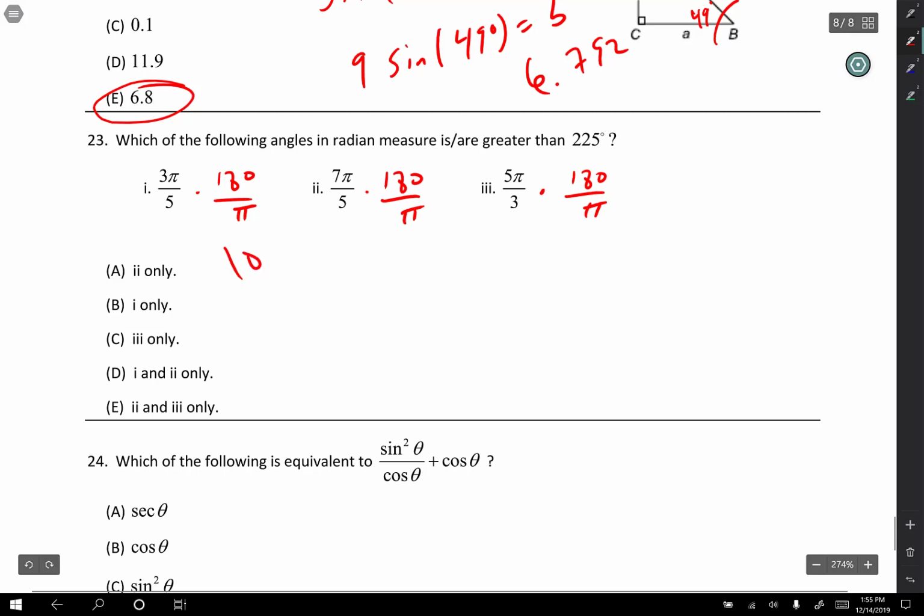So this is 108. And then 7 times 180 divided by 5, you get 252. And 5 times 180 divided by 3 is 300. Yes, you could probably just look at it and figure it out. 252 and 300, so 2 and 3.